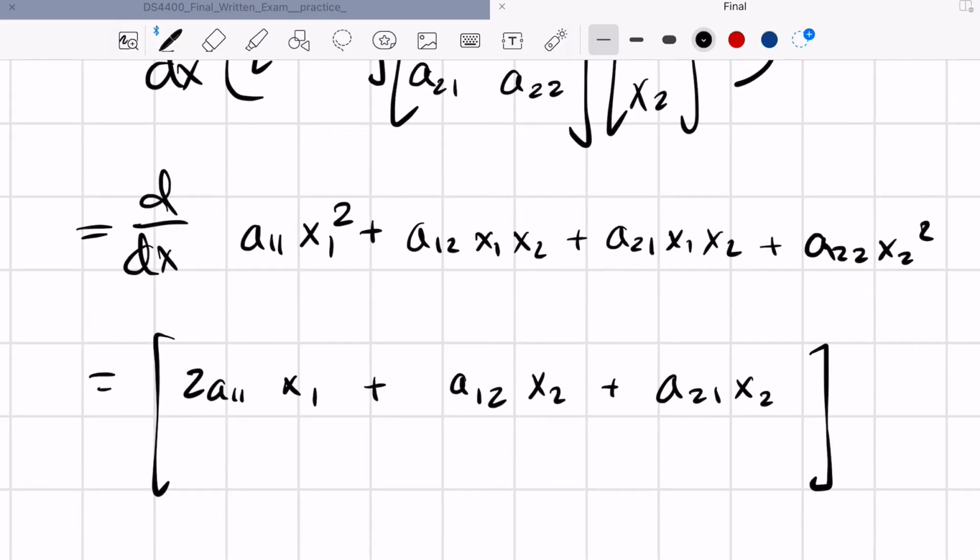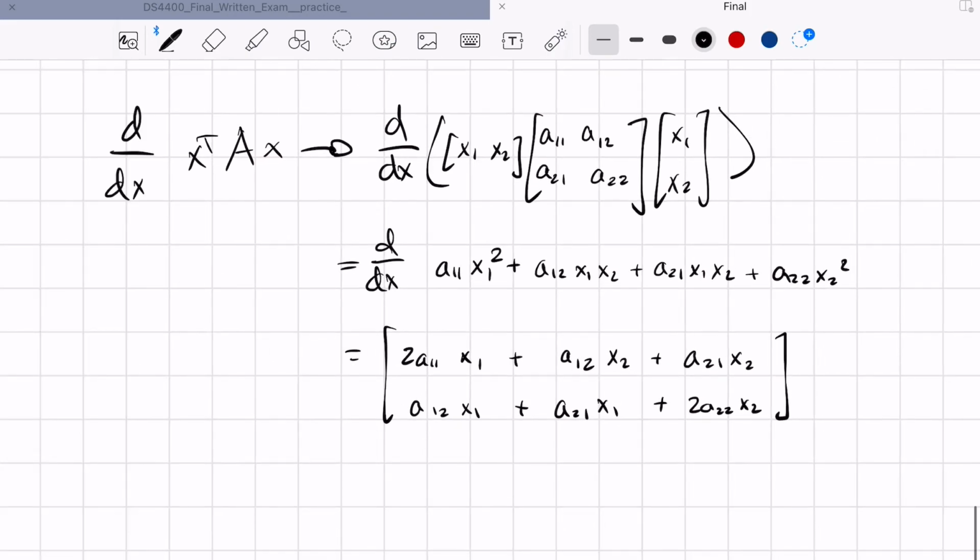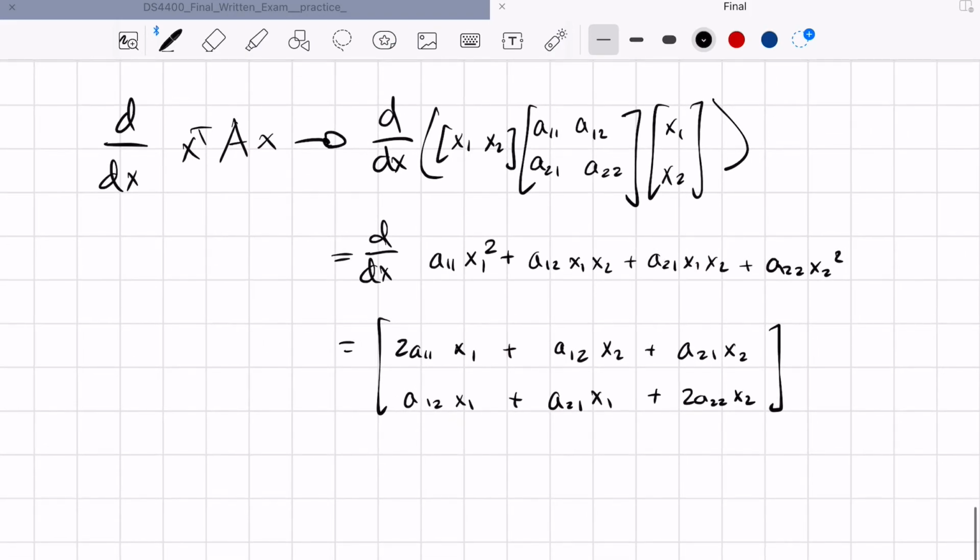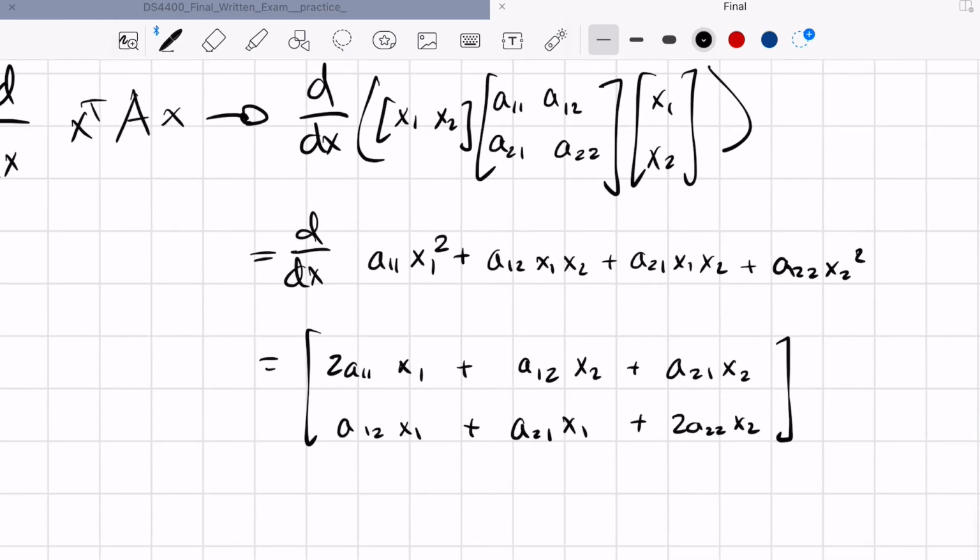And then with respect to x2, we get a12 x1 plus a21 x1 plus 2a22 x2. So that's the derivative with respect to x1 on the top and x2 on the bottom.